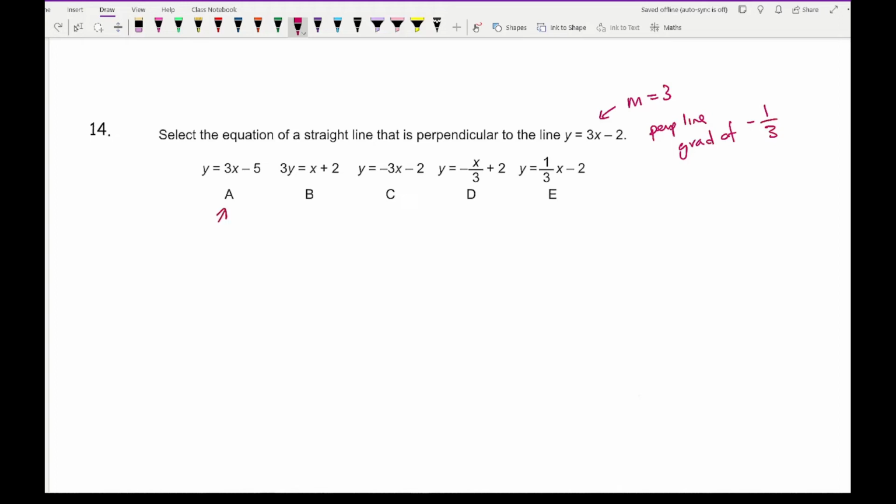Well, this one has a gradient of 3. This has a gradient of, well, we've divided by 3, so 1/3. C has a gradient of minus 3. D has a gradient of minus 1/3, and E has a gradient of 1/3. So the correct answer then is going to be D.